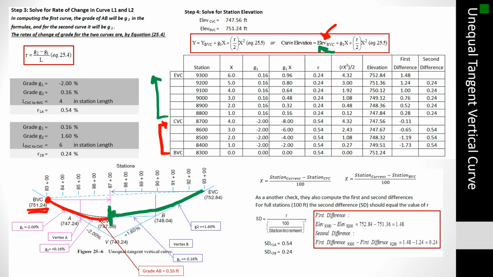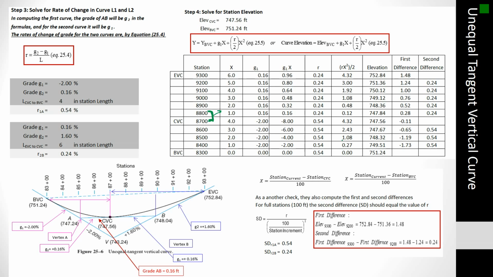Okay, so remember, like we did before, we first have to figure out our x distances. So from 83 to 84 is 1 station. 85 to 83, there's 2 stations, or 200 feet. 86 to 83 is 300 feet. 87 to 83 is 400 feet. So that's just the difference between these stations. Now, if I look at the second curve, 87 to 88 is 100 feet, because this is a different curve.